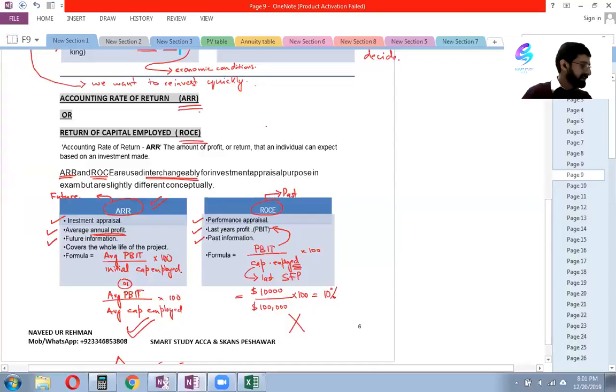Because return on capital employed is actually a very common word, and all the investors will understand what exactly return on capital employed is. So let's say you have an investor and the investor is asking you what is ARR, and if you tell him what ARR is, maybe it will be difficult for him to understand.